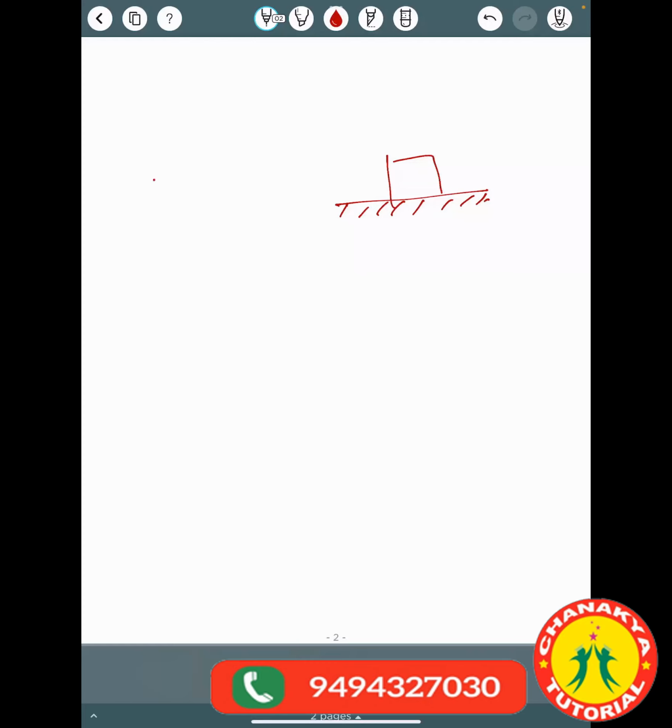So what is happening here is you have a jet from where water is coming and hitting this block. The water is coming with a speed of 4 meter per second, and releasing water at the rate of 3 kg per second.